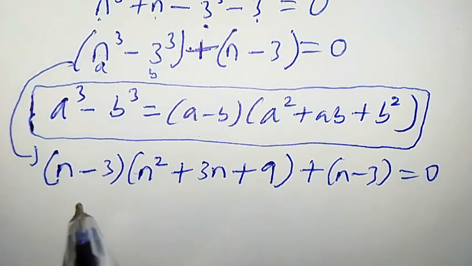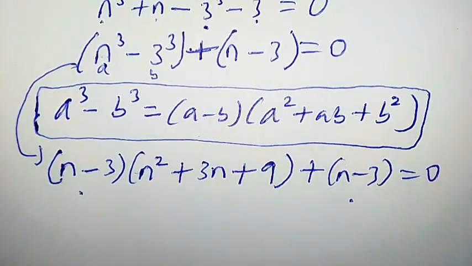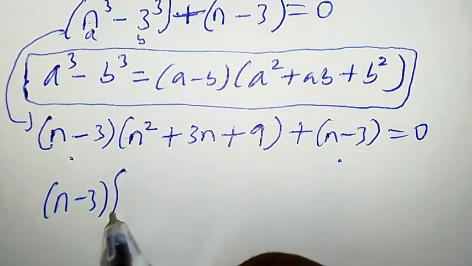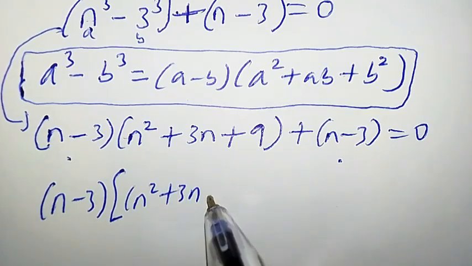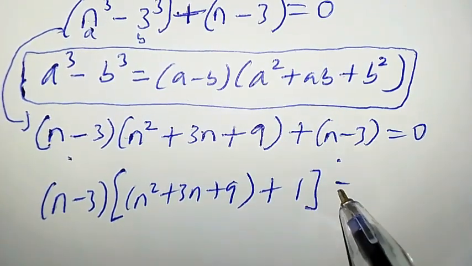Do you notice something? We have n minus 3 here. We also have n minus 3 here. We can pull it out. So that gives n minus 3 into this, n to the power of 2 plus 3n plus 9 plus 1 equals 0.